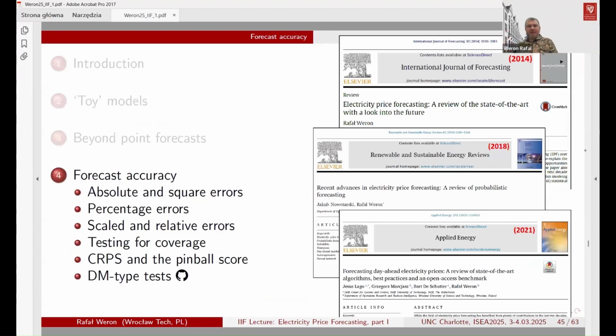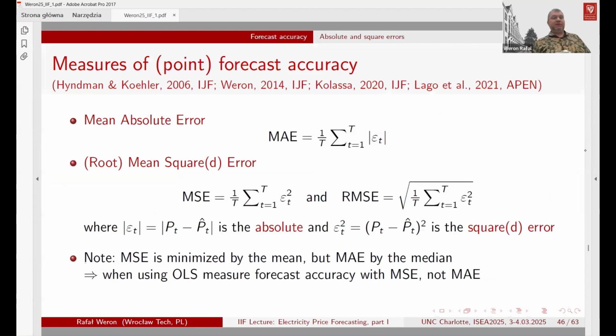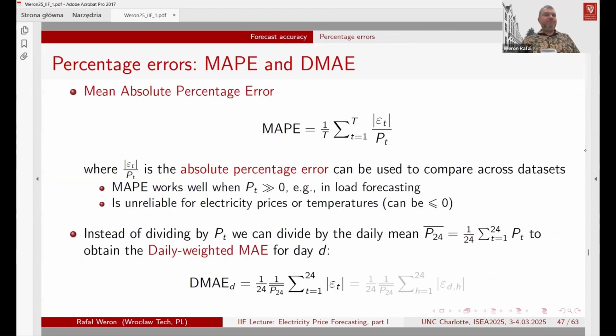Okay. Last thing today, forecast accuracy. So just very briefly, for point forecasts, we have all heard about the mean absolute errors, mean squared errors, so I won't go into it. There's the mean absolute percentage error, which is MAPE, which is very popular in some contexts. We've even seen it today.